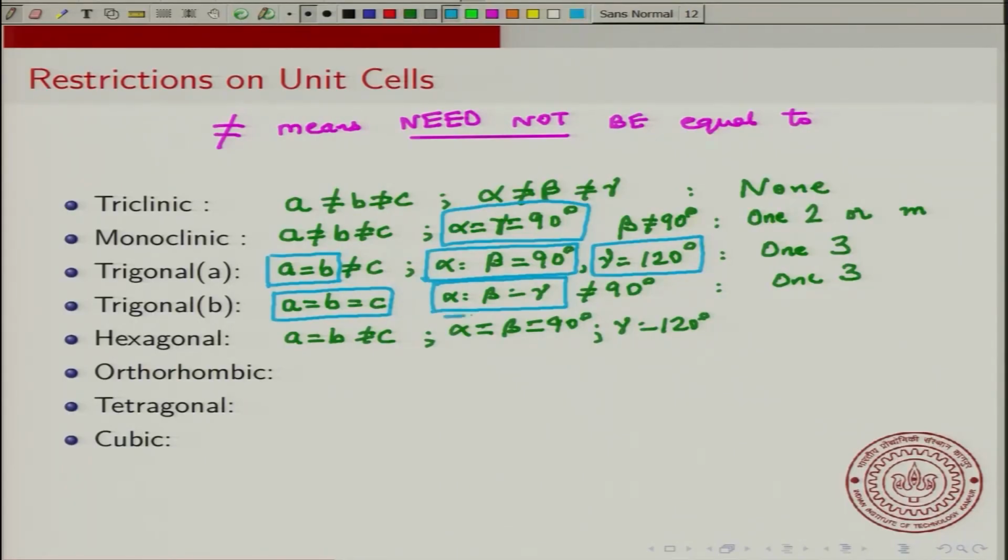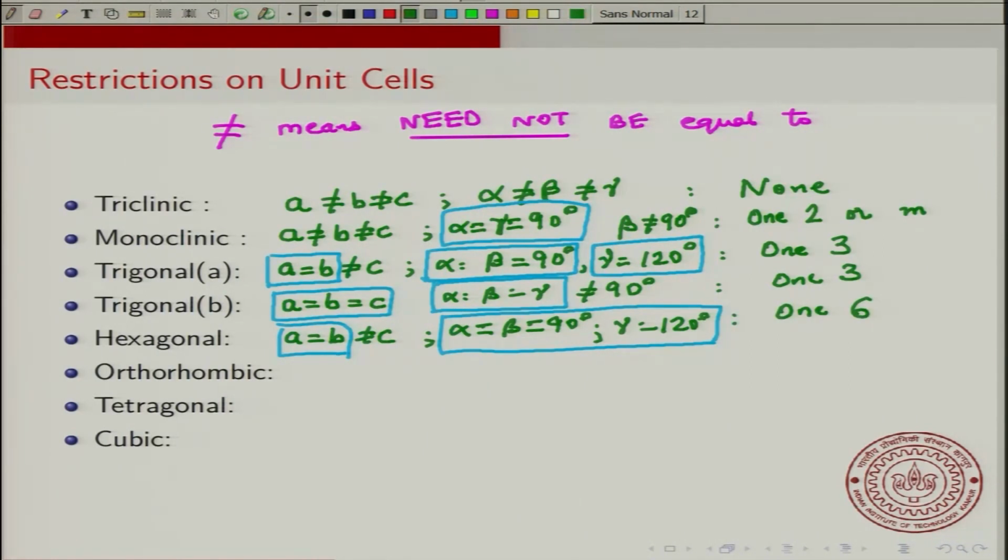Okay, so all these are restrictions. But the essential symmetry for a hexagonal system is one 6-fold axis. So it should have a 6-fold axis. Okay.